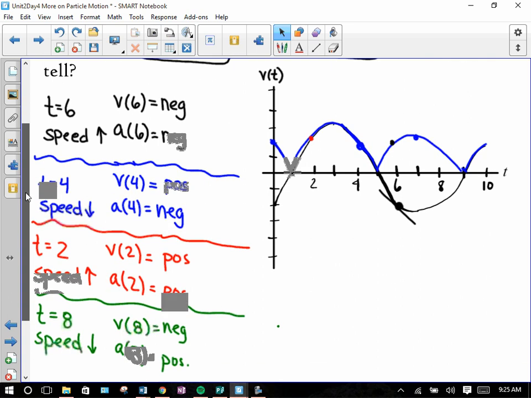So all that right there. Do you notice anything about when the particle's speed is increasing or when the particle's speed is decreasing?